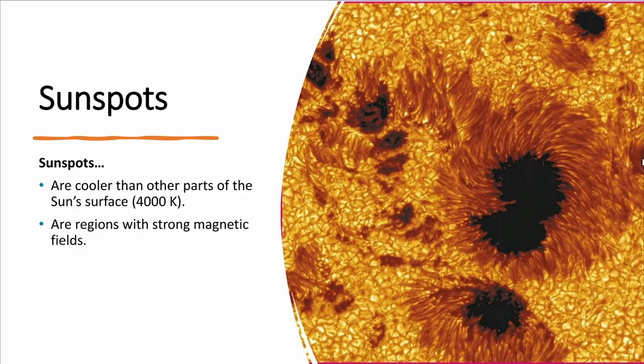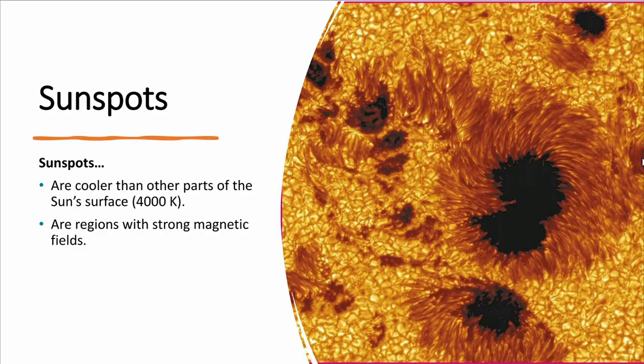Remember, the surface of the sun is like 6,000 Kelvin, and this dark spot is 4,000 Kelvin. So it's a lot cooler, but it's still way hotter than anything you're going to experience on the Earth. So this just appears dark because it's not as bright as the higher temperature stuff that's around it.